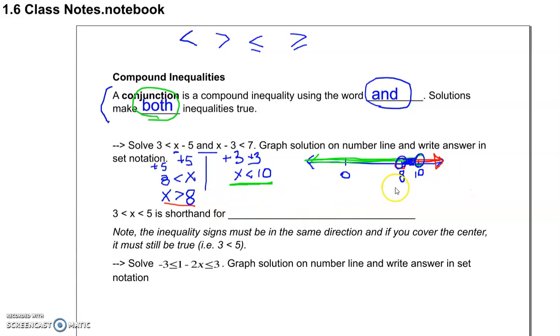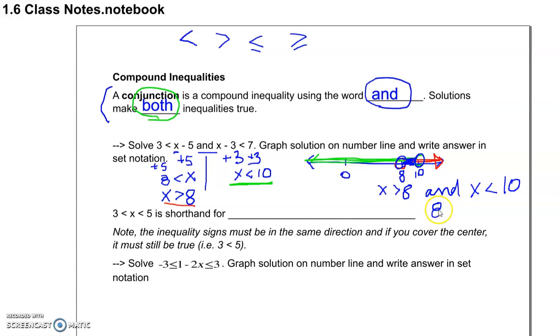So we can write this answer as x is greater than 8 and x is less than 10. But there is a shorthand for whenever you have the area that's in between 2 points. This is the only time you can use this shorthand. Whenever you are filling in between 2 points, you can list the first point.